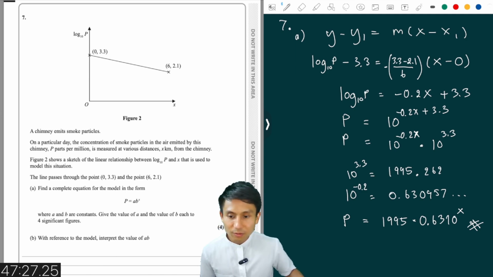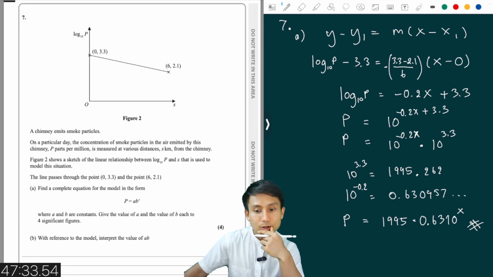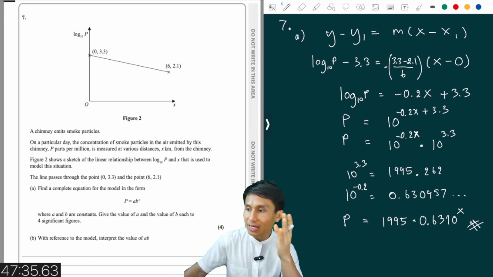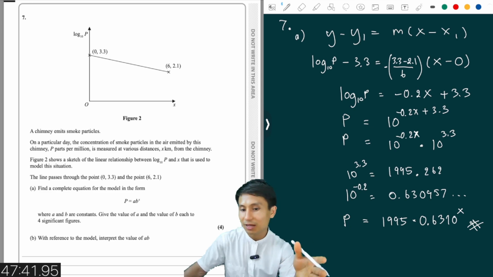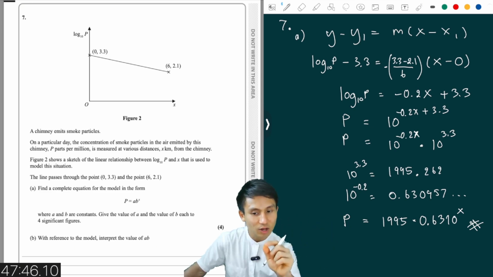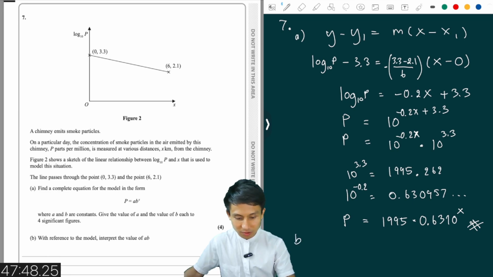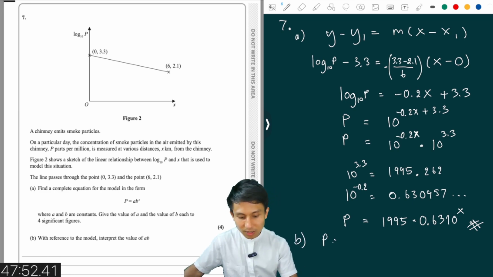B, with reference to the model, interpret the value of a times b. Okay, so the value of a times b in my thought process here comes from the fact when x equals 1. So if you put x equals 1, you get ab. So p equals ab, right, when x equals 1?